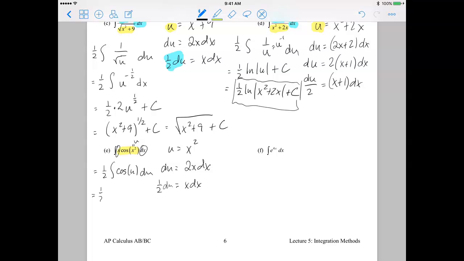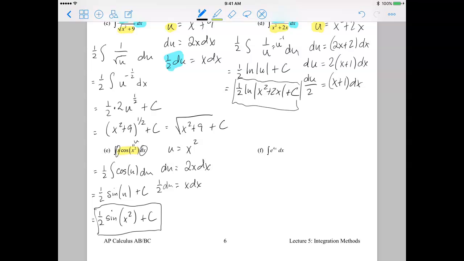Okay, well, the antiderivative rule for cosine of u is sine of u plus c, and if I replace what u was, I'm going to be done. So 1/2 sine of x squared plus c. Okay, so again, take the derivative of your answer, make sure you get the same thing.